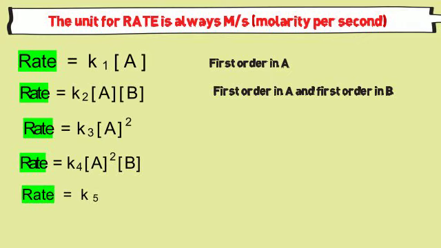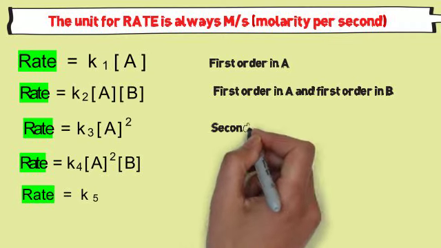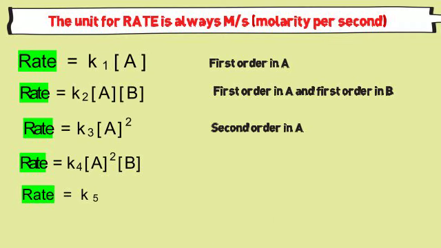What are the orders? Here are the answers. This one is called second order in A. Now this one is second order in A and first order in B.